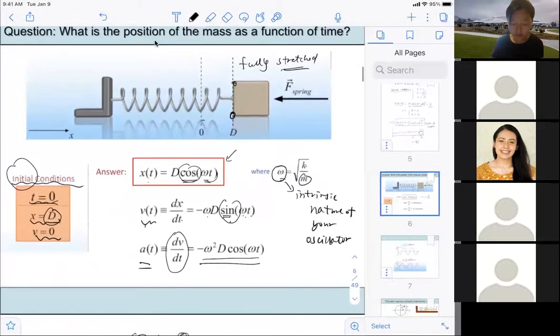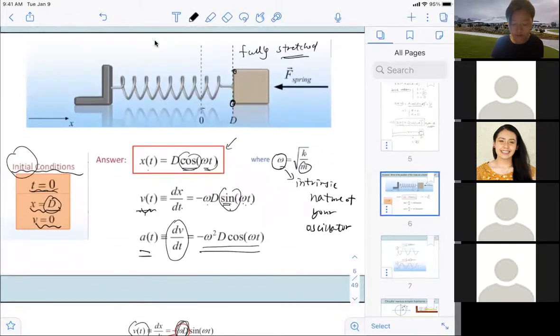By taking the derivative, you can get the velocity and acceleration for the object. So velocity is also a sinusoidal function. It's a sine function, and acceleration is a cosine function, right? It makes sense for velocity and position to be completely 180 degrees out of phase, because whenever you have maximum position, it's when the object is being stretched to a point where it cannot be stretched anymore.